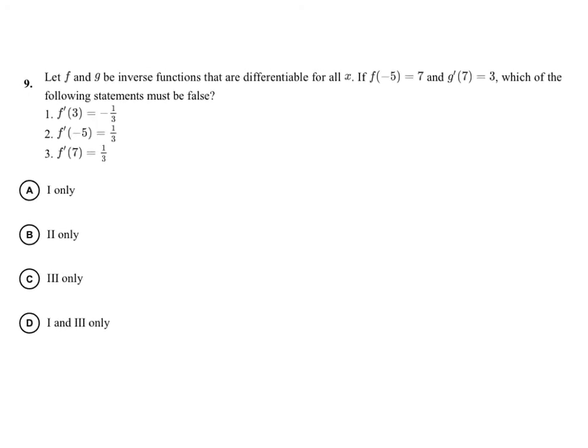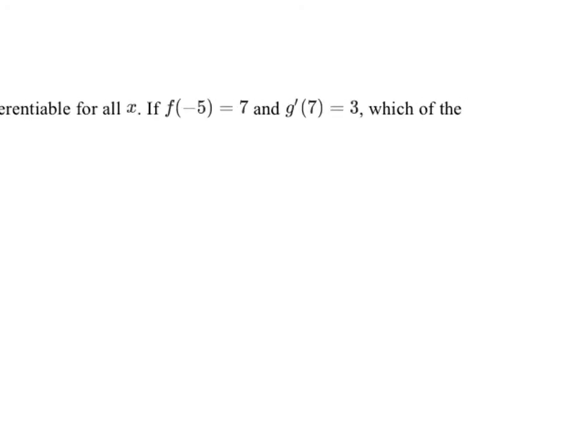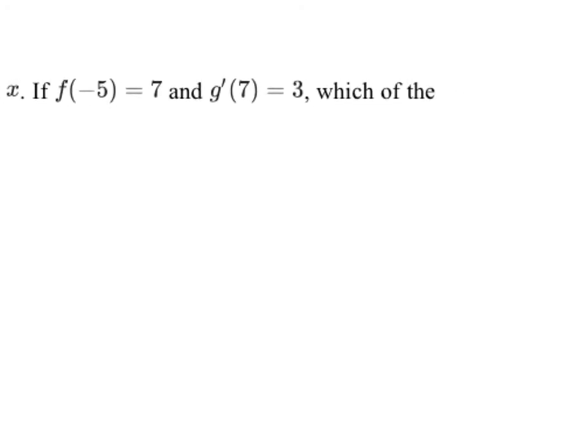Let's start with g prime of 7 equals 3. That means g prime of 7, using the inverse formula, is 1 all over f prime.